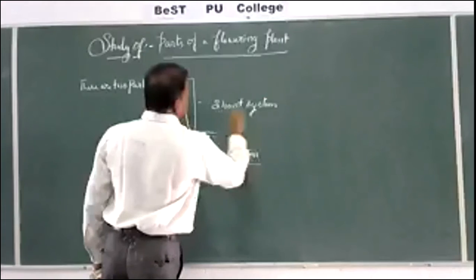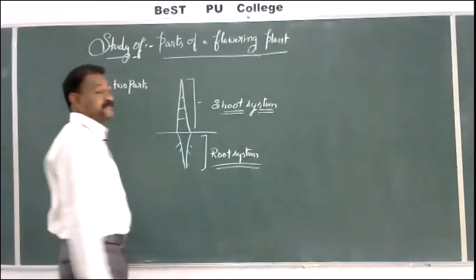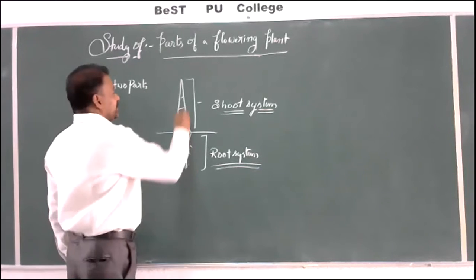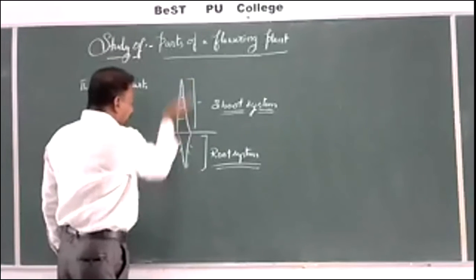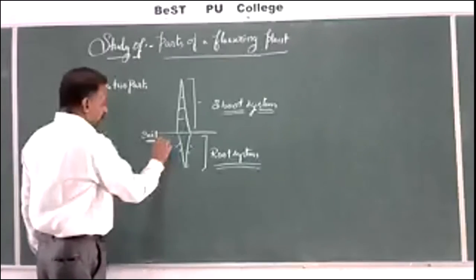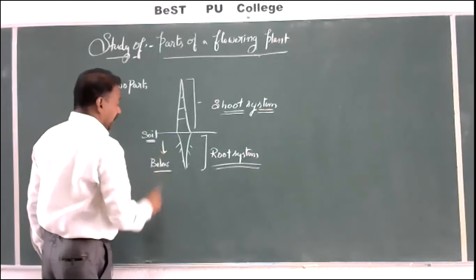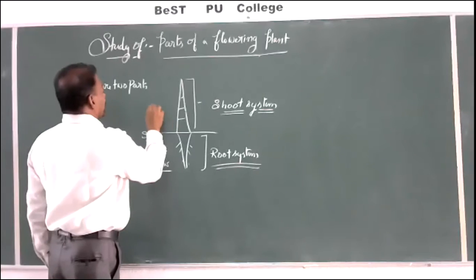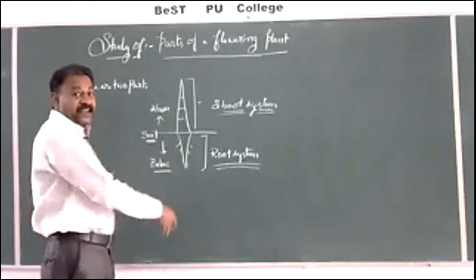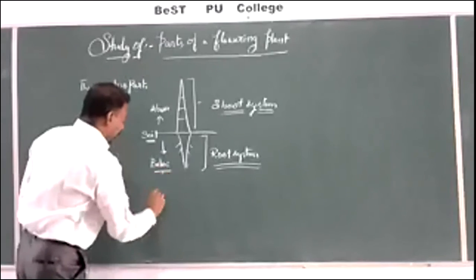Every student from their childhood is familiar with these two names, that is root system and shoot system. The difference is, this is above the soil level, and this is below the soil, underground. Above the soil is called aerial.